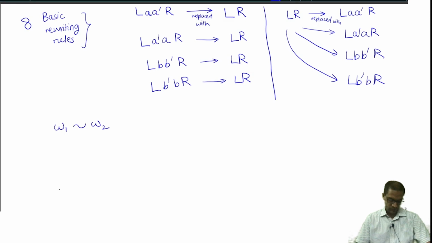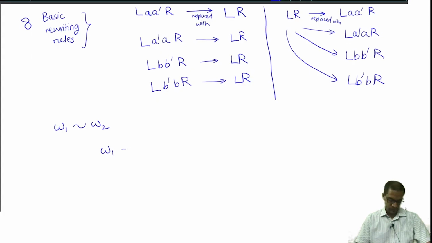What does that mean? It means I start with W1 and see if one of these 8 rules can be applied. You can always apply one of the rules, because, for example, the rules which allow you to add 2 letters in the middle can be applied to any word if you wish.